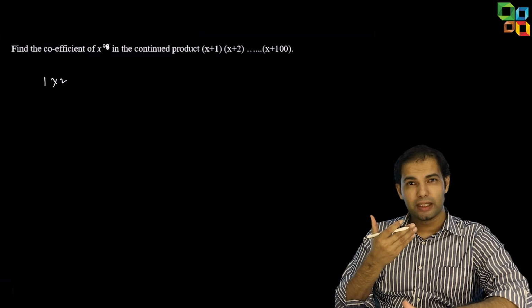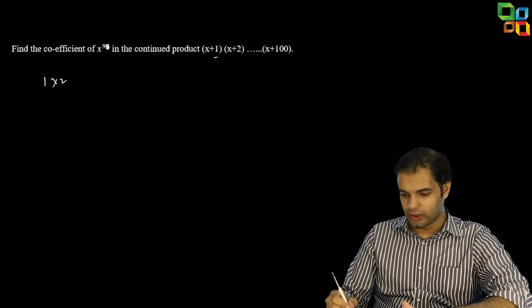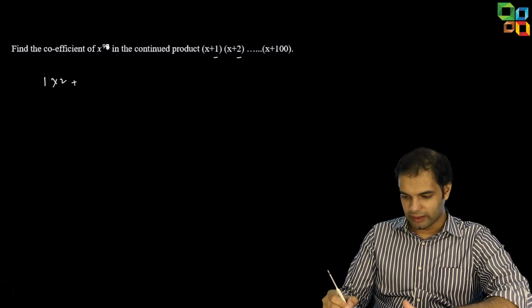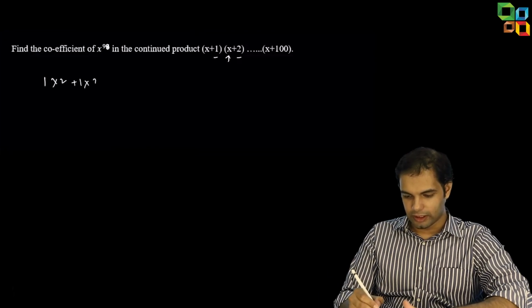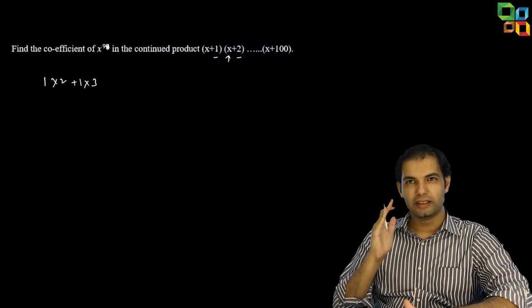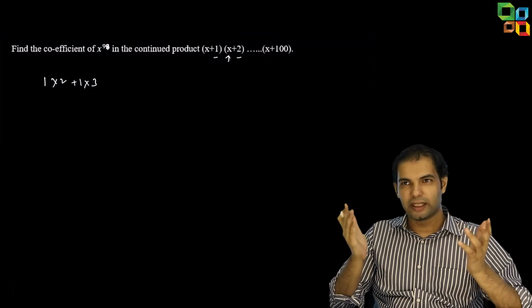We are choosing 98 x's out of those, and the rest two should be numbers. So first, 1 and 2 can be the numbers, rest all are x. Then I can choose this x and choose 1 and 3. Yes, 1 and 3 also can be. It's not only 1 into 2, then 2 into 3, then 3 into 4. That's not the pattern. You have to figure out, when I multiply this, can I get some other numbers?